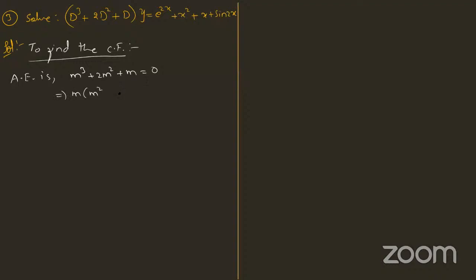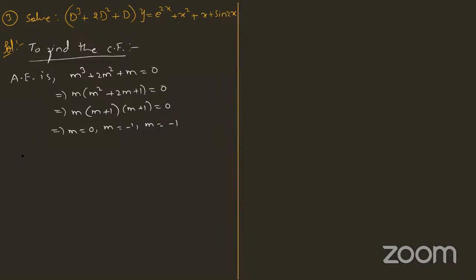So it is m times m square plus 2m plus 1 is equals to 0. And hence you can write this m square plus 2m plus 1 as m plus 1 whole square, so it is m plus 1 into m plus 1 is equals to 0. So you can clearly understand the roots are m is equals to 0, m is equals to minus 1, and m is equals to minus 1.